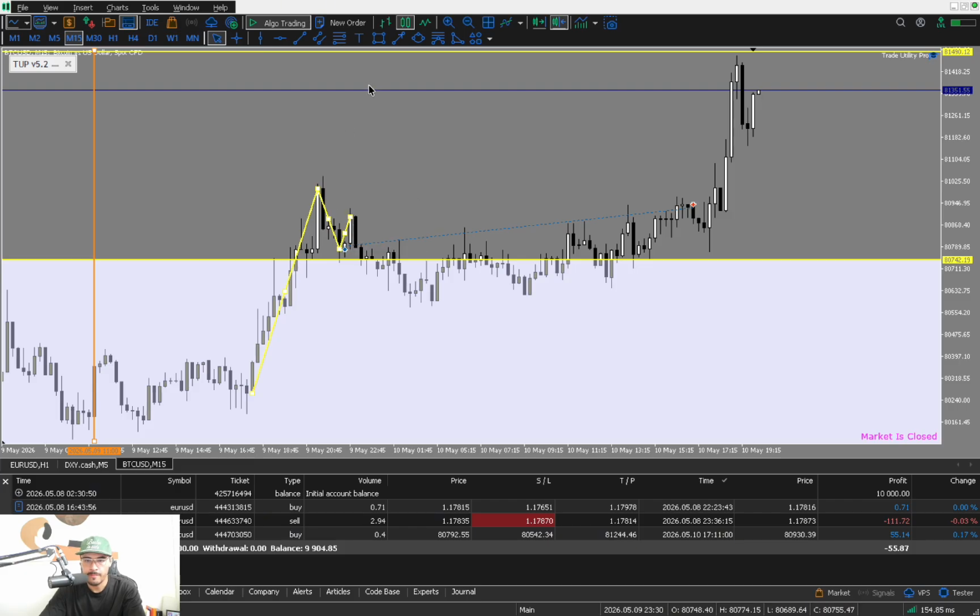Lower high. And then a lower low. Even here, a lower low here. And then it kind of consolidated a little bit. And then it consolidated a little bit more, and then it shot up, right?